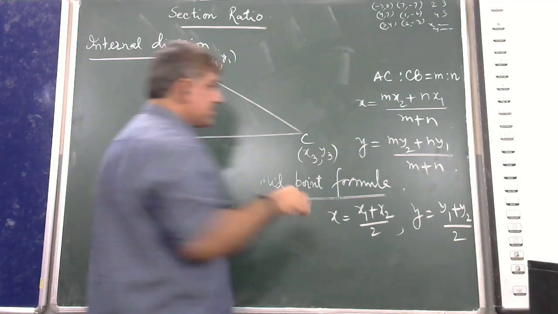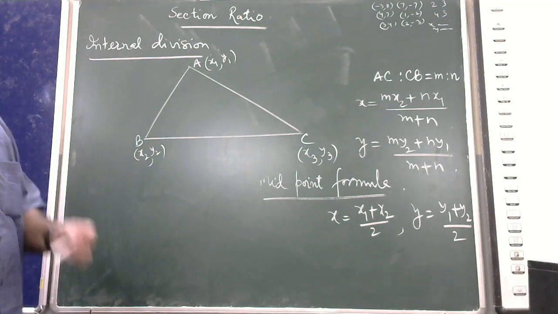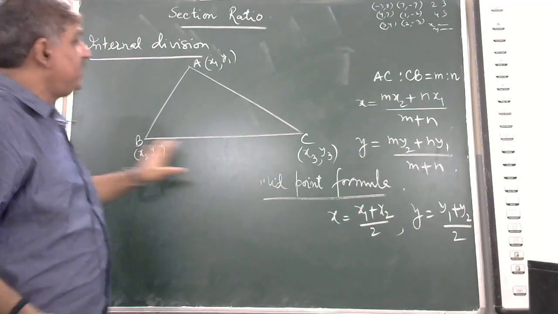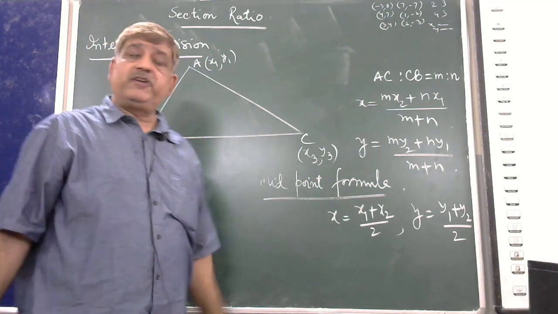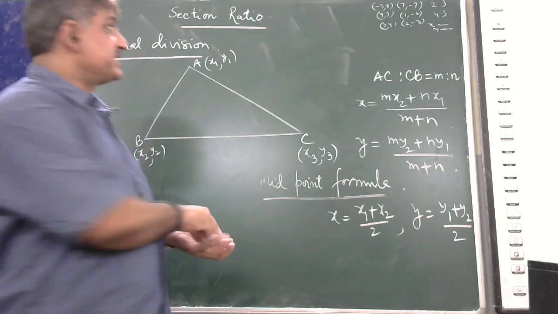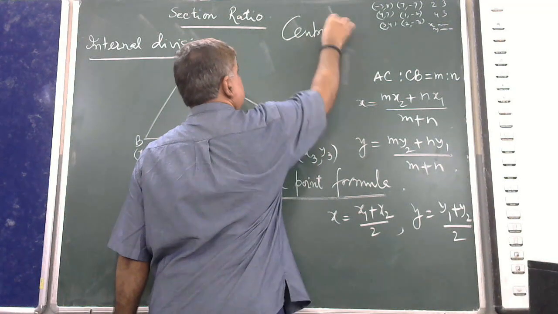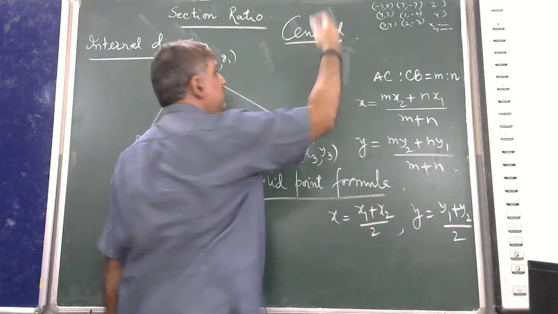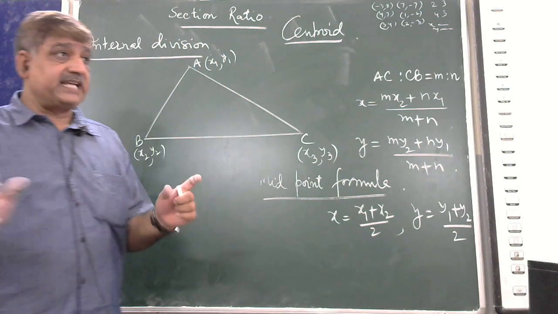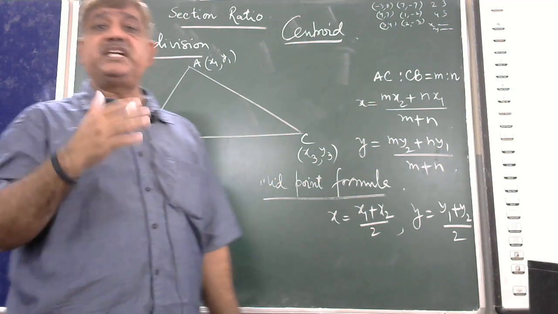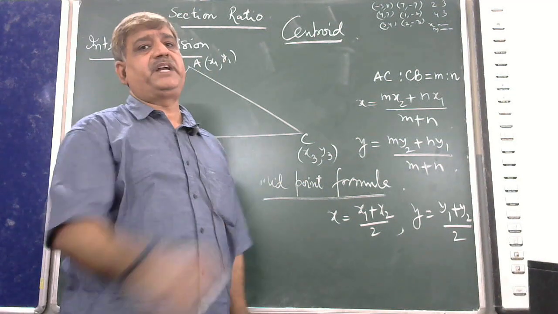The 3 points for coordinates of vertices of a triangle ABC are given. Now, if it is asked to find the centroid of the triangle, all of you know from class 9 and 10 that the centroid is the point of intersection of medians of a triangle.